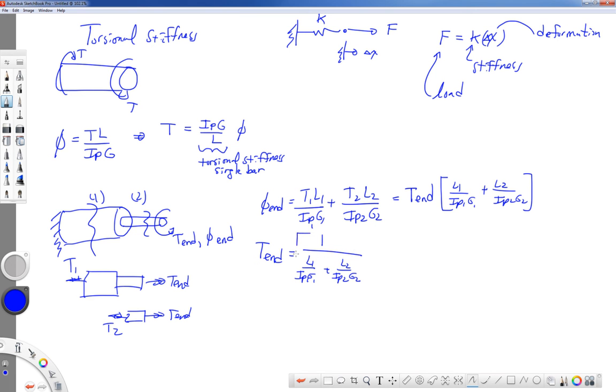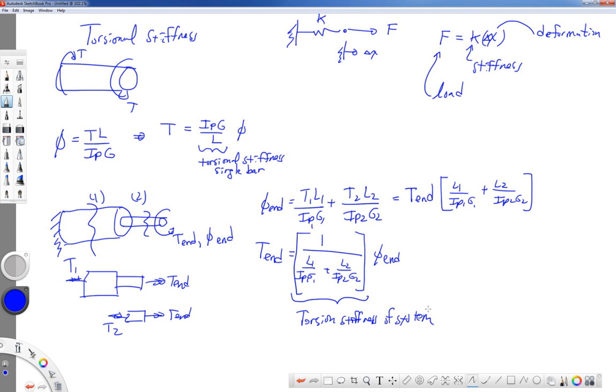So we have the reciprocal of that term from the previous expression. And this whole thing in the bracket is the torsional stiffness of the system. Now, if you have 3 bars, you'd have an added term down on the bottom. And so we can construct the torsional stiffness of however many bars that we have.